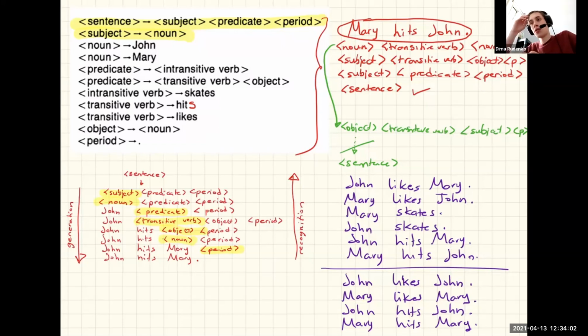Doesn't look like it. I think these are all the sentences, right? That can be generated from this grammar.